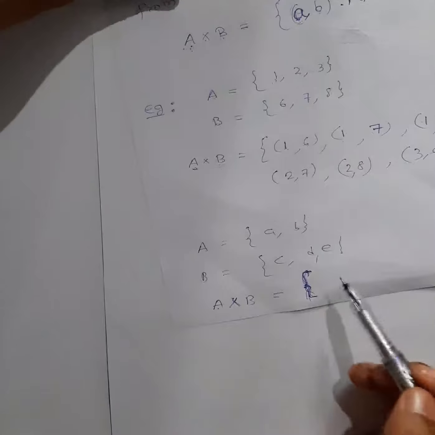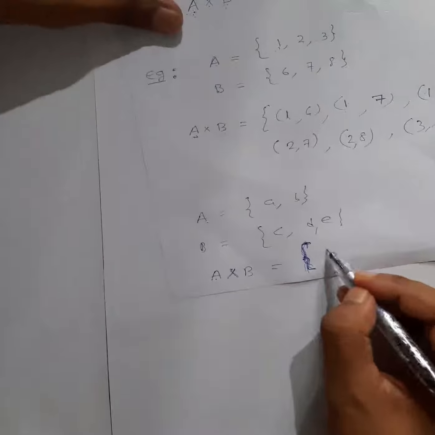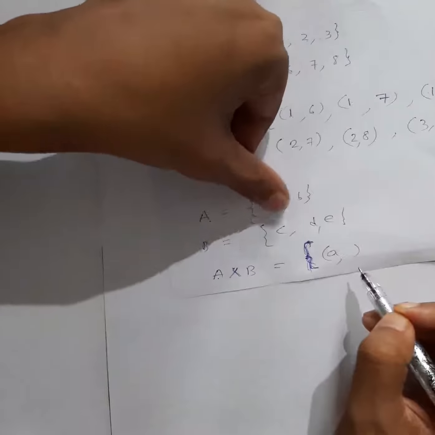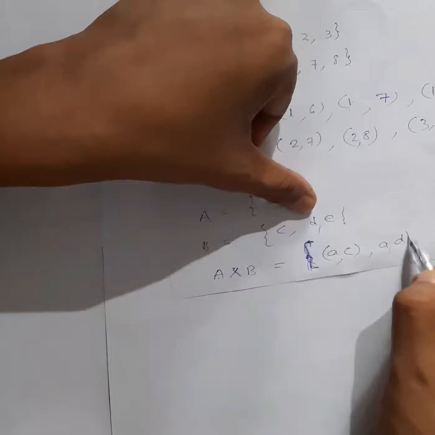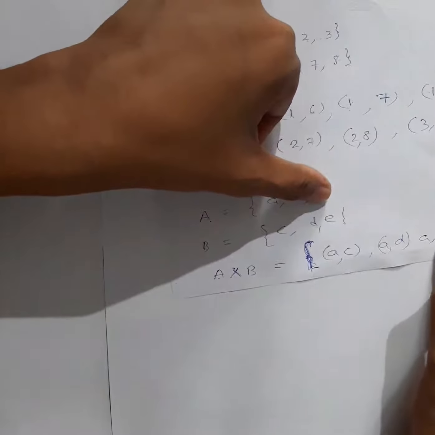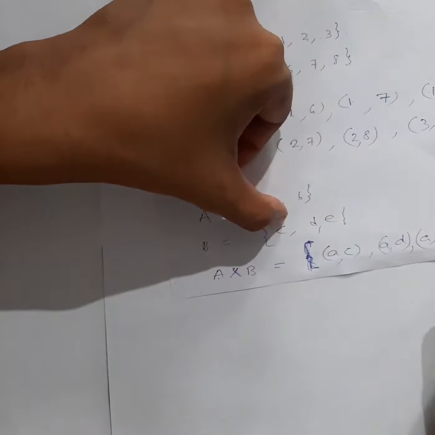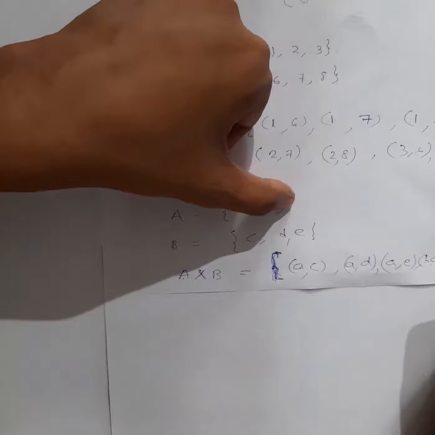Now what kind of ordered pair? The first element will be from the first set, the second element will be from the second set. So first element I will take from the first set, say (A, C), (A, D), (A, E), then next (B, C), (B, D).